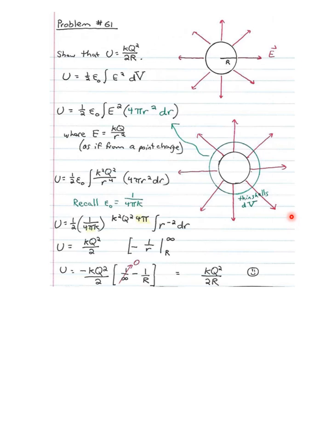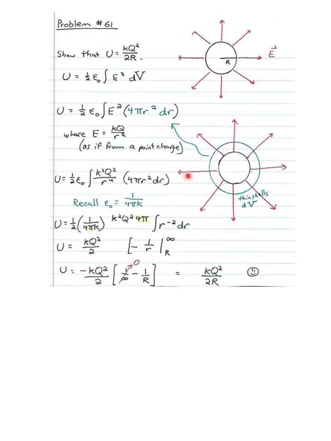So we make all these substitutions, and we'll now say that the potential energy, or the energy, is 1/2 epsilon naught. That's been thrown out to the left of the integral. And we make all these substitutions where E is kQ over r squared, and then we have 4 pi r squared dr, so we have all this right here. Now, I'm also going to throw in here that there is k, and there's also an epsilon naught.